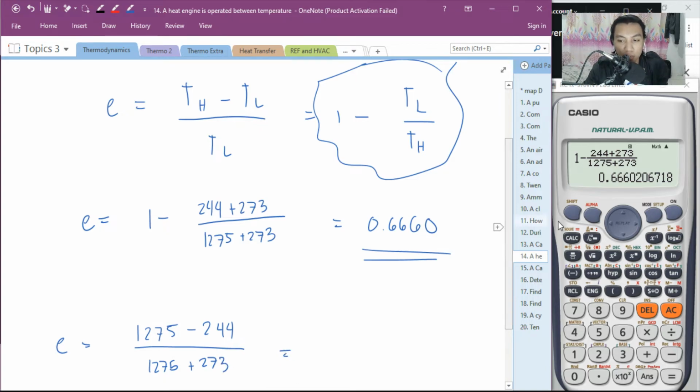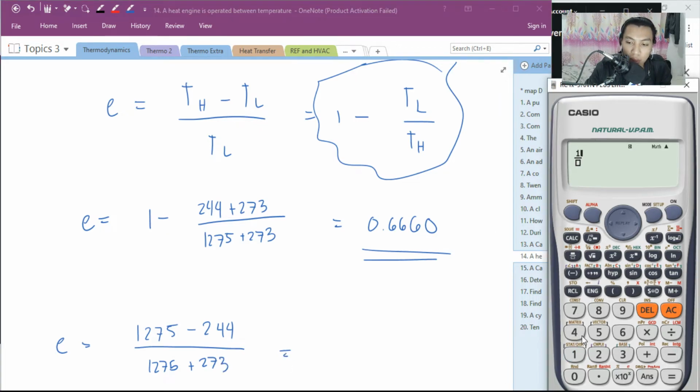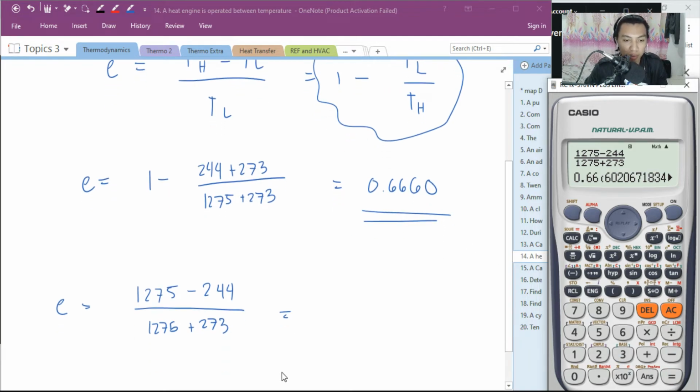Ganun lang ang pag-solve niyan. Same lang yan. Yun lang din ang sagot. Okay, that is for problem number 14.